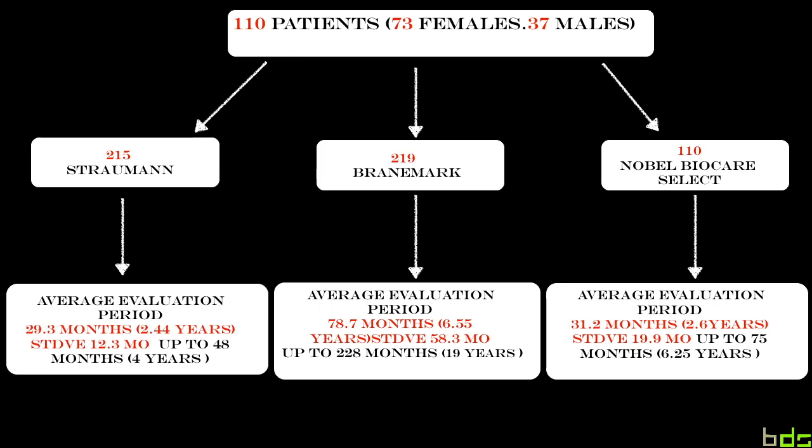These implants were observed, the Straumann for a period of about 4 years, on average 2.44 years. Brånemark was observed for much longer, 19 years, with an average period of 6.5 years. Select were observed for 6.25 years, with an average of 2.6 years. So a significant amount of time was given for the observation period.